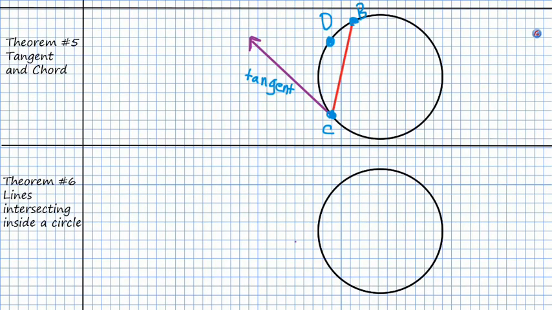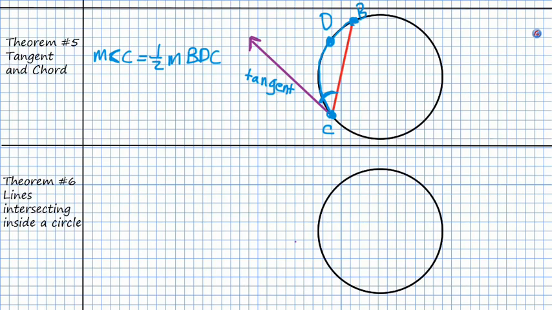All right, and this theorem simply states that if I have this angle here, angle C, the measure of angle C is equal to 1/2 the arc BDC. So what we would say is that we've got this arc here, and the angle measure for angle C will be 1/2 of that arc.